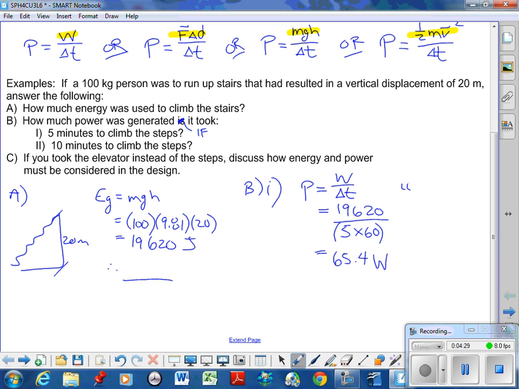Now what happens if they lollygagged a little bit and did it in 10 minutes? So power is W over delta T, 19,620 over 10 times 60 this time on the bottom, because it's 10 minutes. All right, so divide that by 2, and we get 32.7 watts. All right, so someone that takes twice as long is half as powerful.